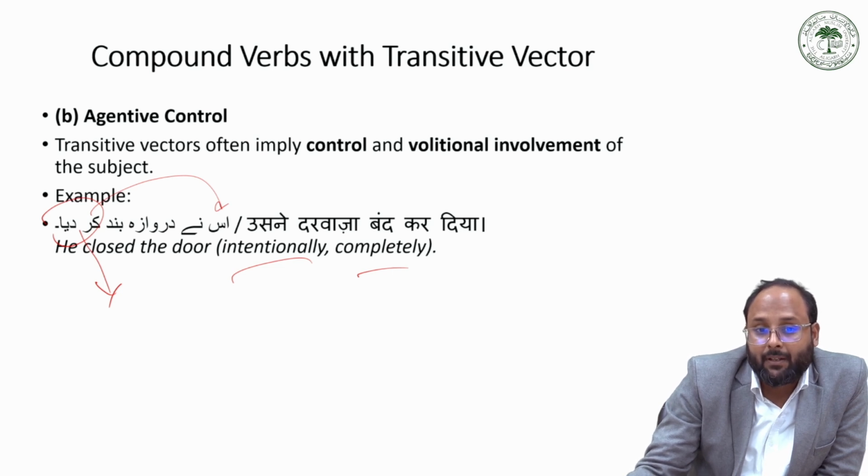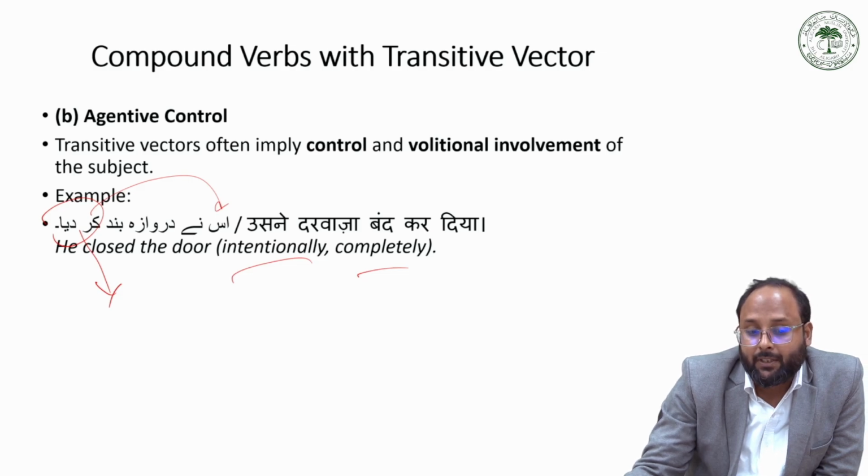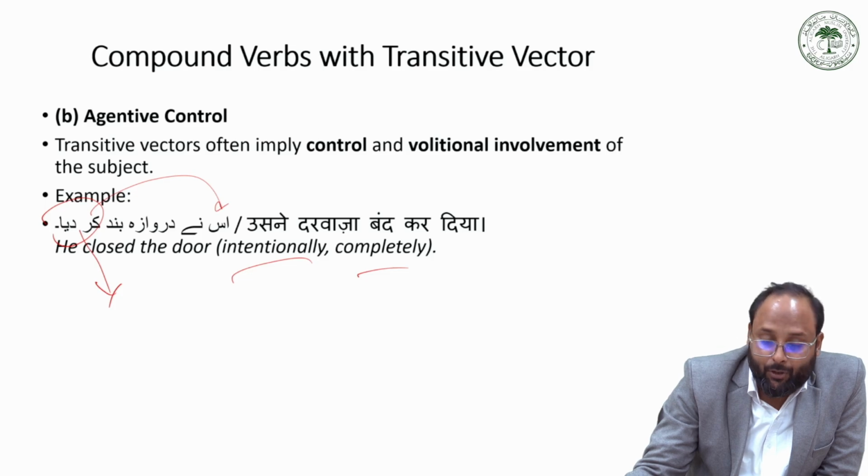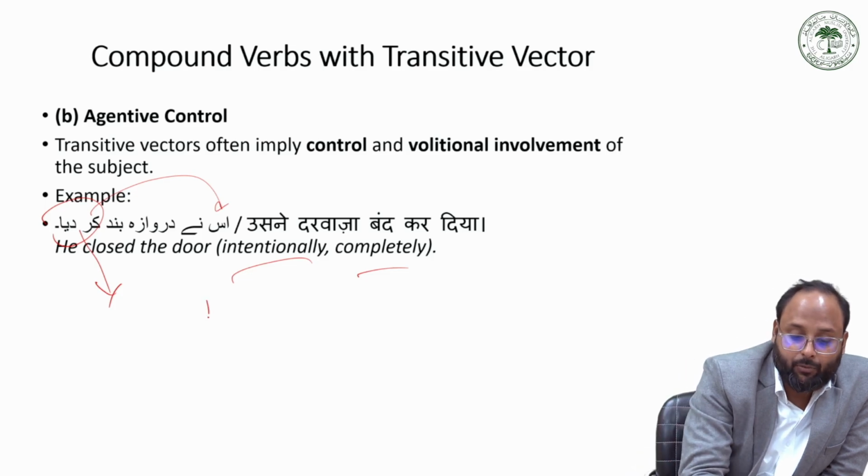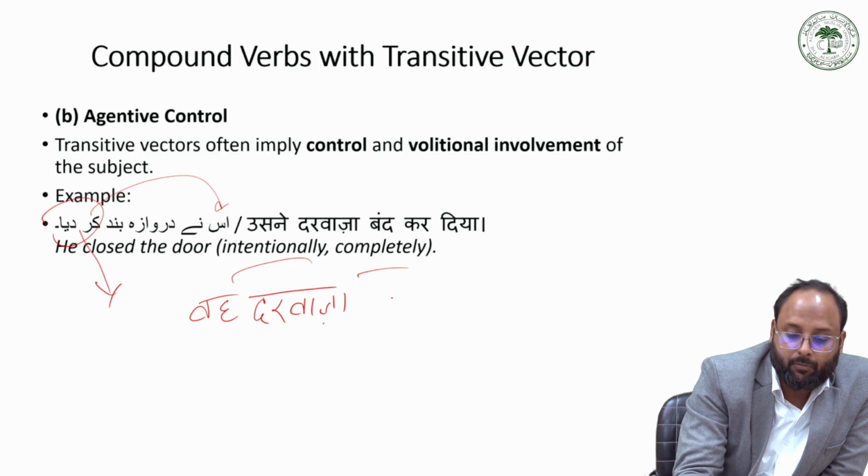When we say वो दरवाजा बंद कर रहा है or वो दरवाजा बंद करता है, in this case the subject is not marked with the ne marker. Why? Because there is no perfective aspect. वो दरवाजा बंद कर रहा है.